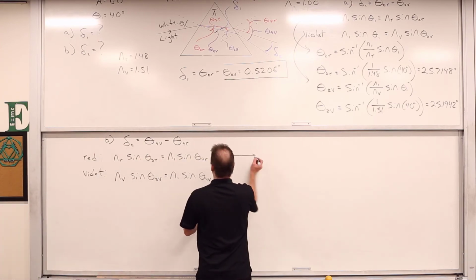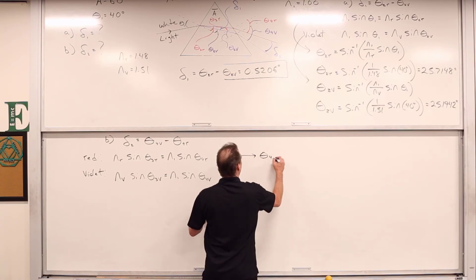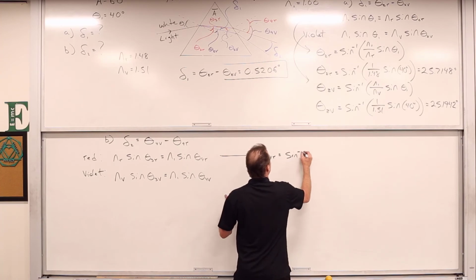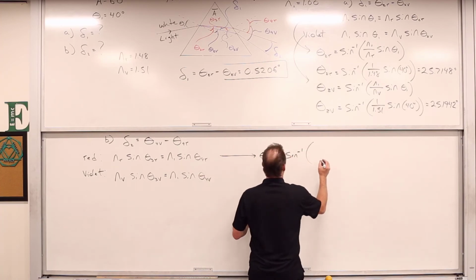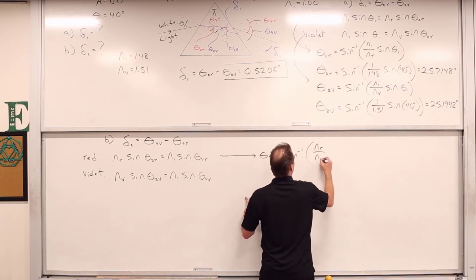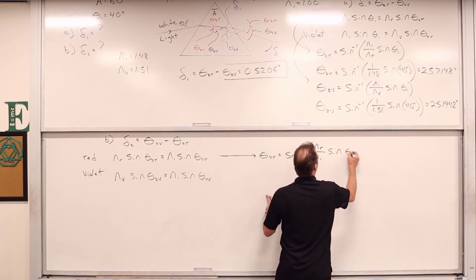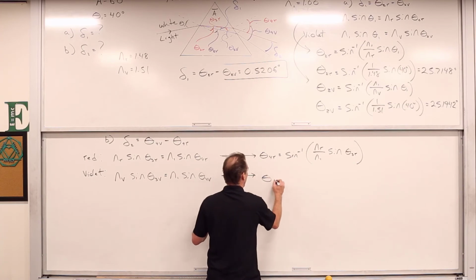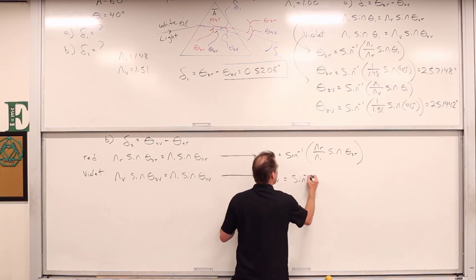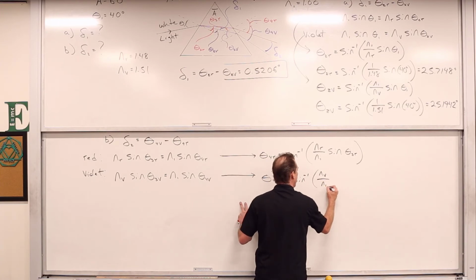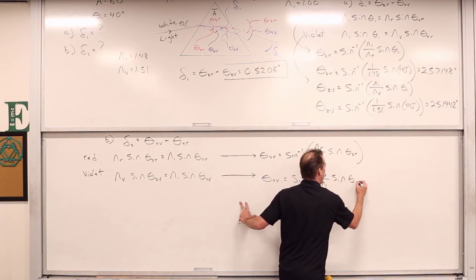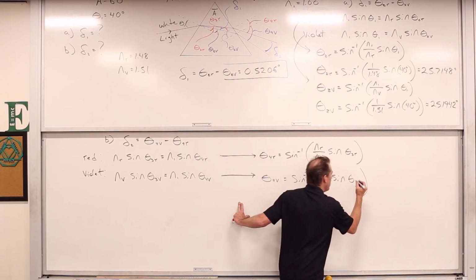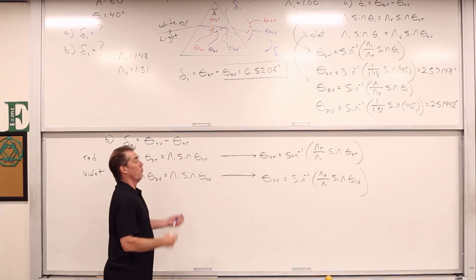So theta 4 red is equal to the arc sine of n red over n1 times the sine of theta 3 red. And for the violet, theta 4 violet is equal to the arc sine of n violet over n1 times the sine of theta 3 violet.